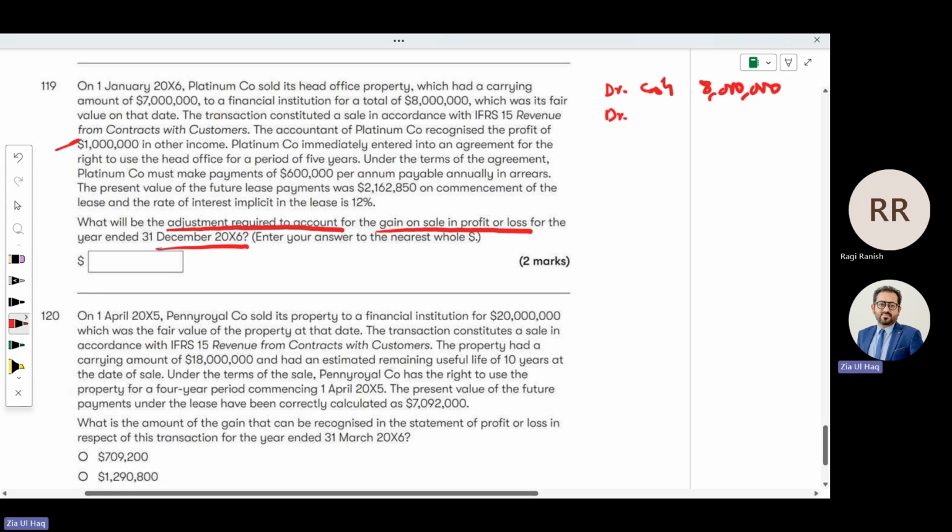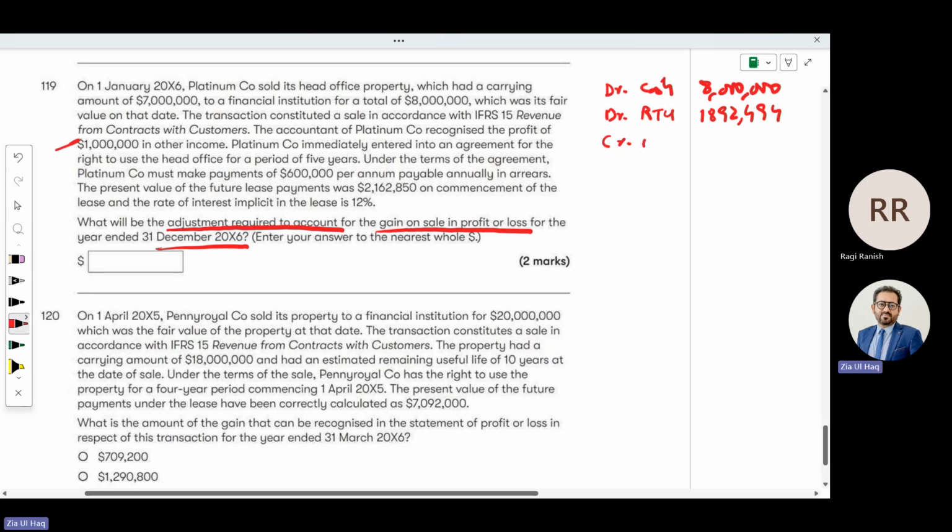Present value 2,162,850 divided by sale proceeds 8 million multiplied by carrying value 7 million. What's the figure? 1,892,494.